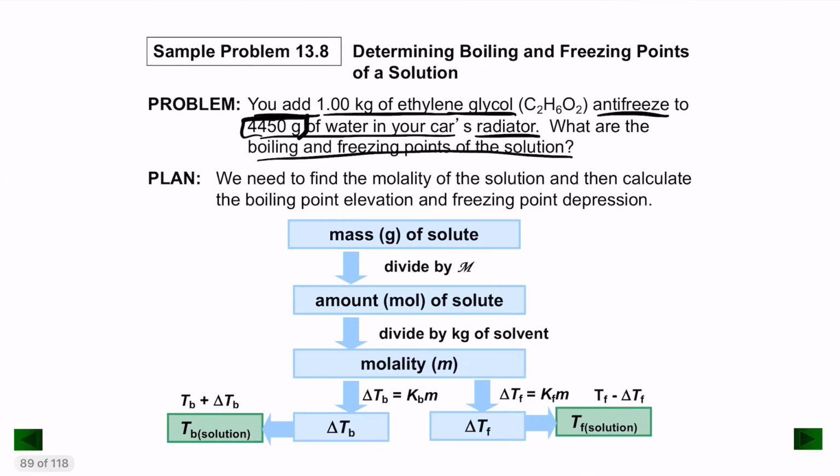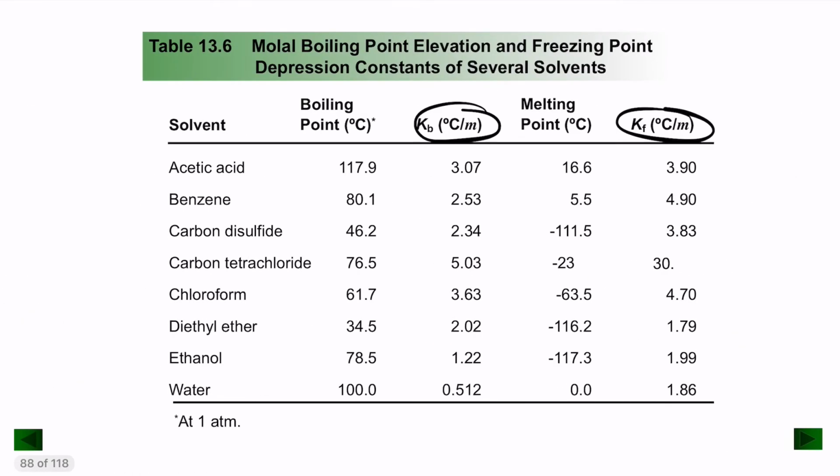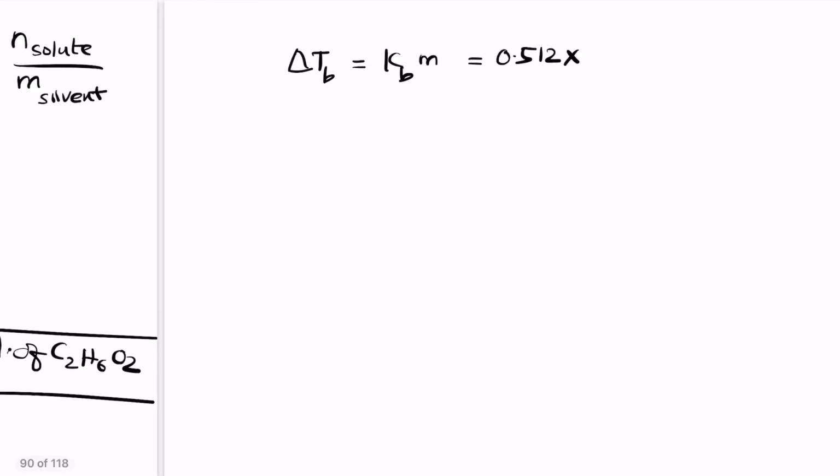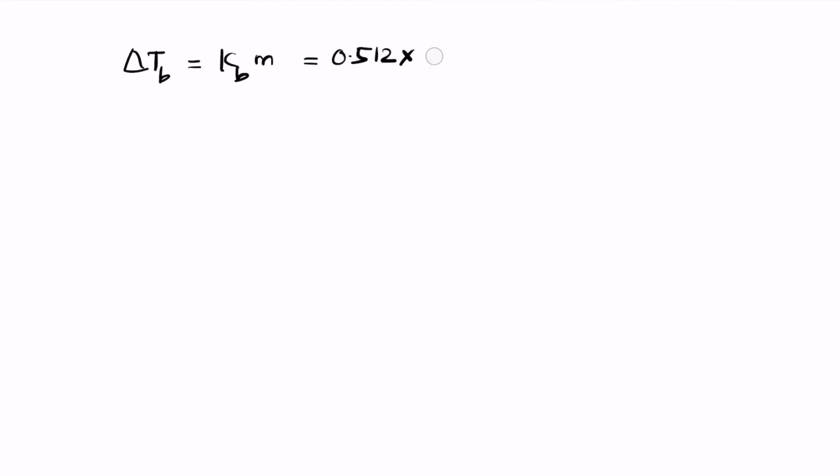For water, the Kb value is 0.512 and the Kf value is 1.86. So Kb is 0.512 times the molality of 3.62, and that value comes to 1.85 degrees centigrade.